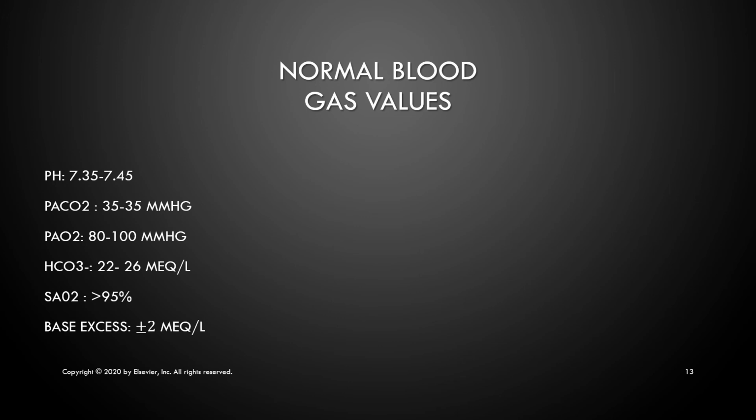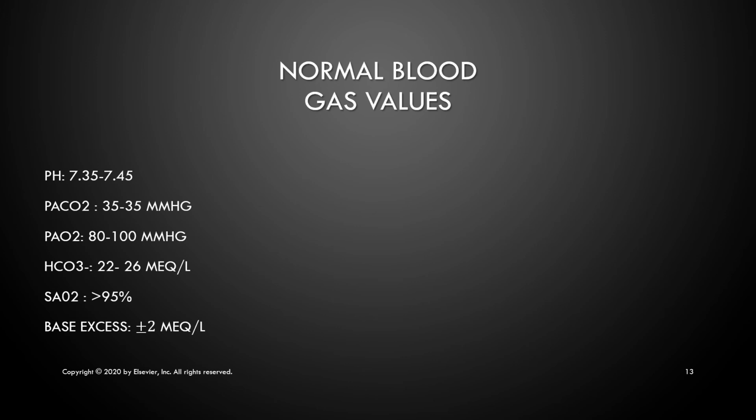Then we get down to the PCO2, which represents the respiratory function and the amount of CO2 that the body is holding on to or blowing off. That range is 35 to 45 millimeters of mercury.